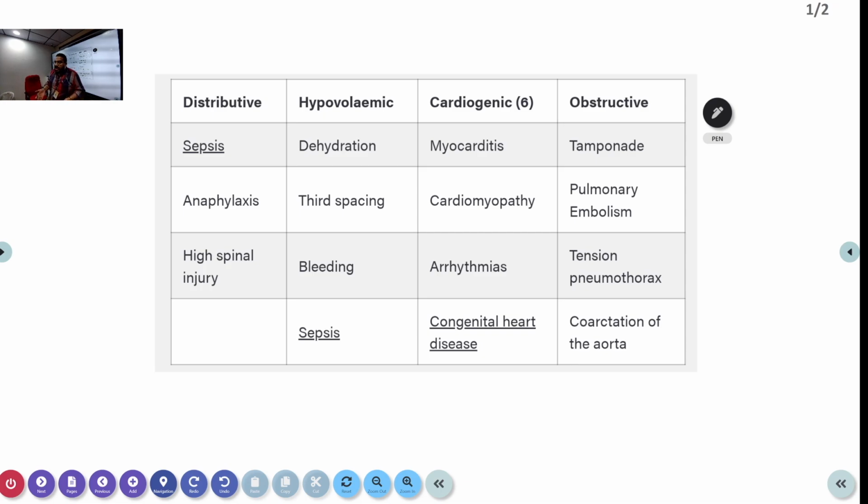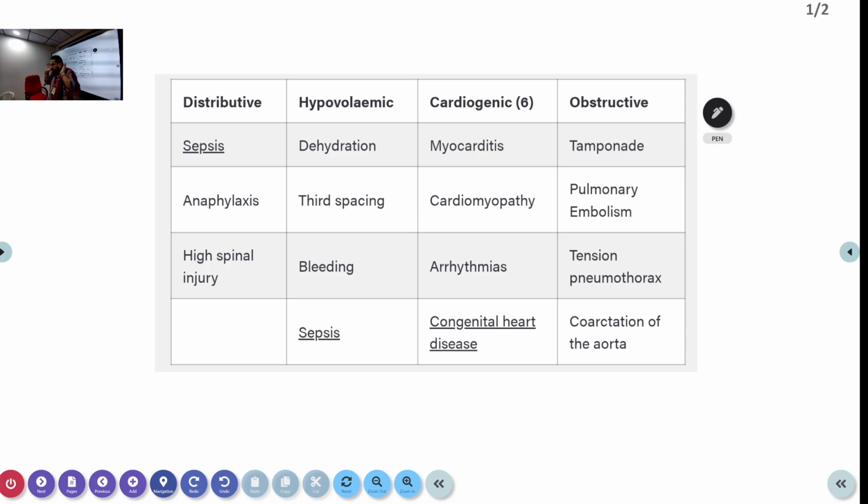But the body has a compensatory mechanism by which it utilizes whatever resources are available to perfuse the vital organs, especially brain, heart, and kidneys. As a result you are not able to see hypotension, but there is shock to the tissues.